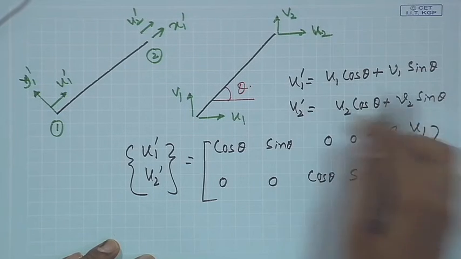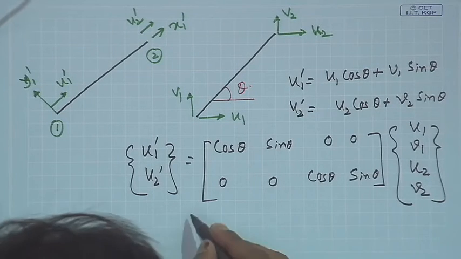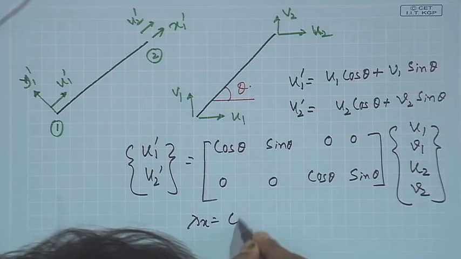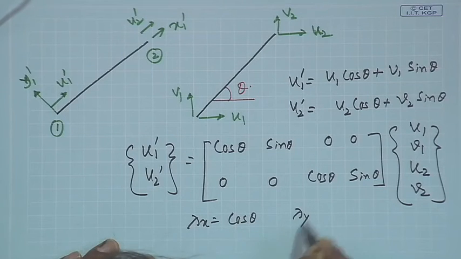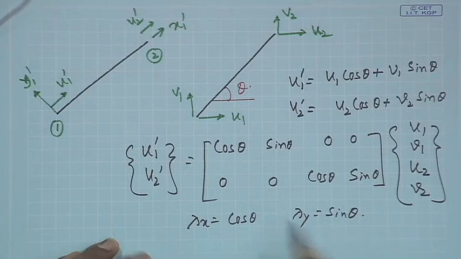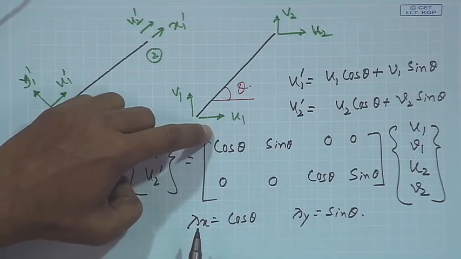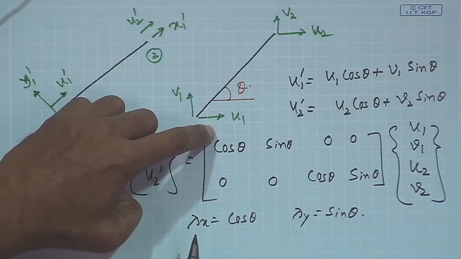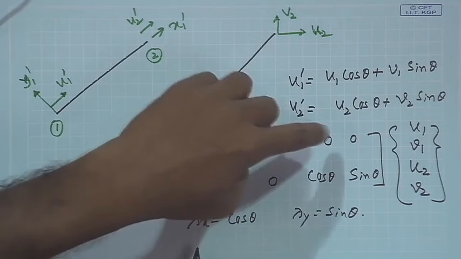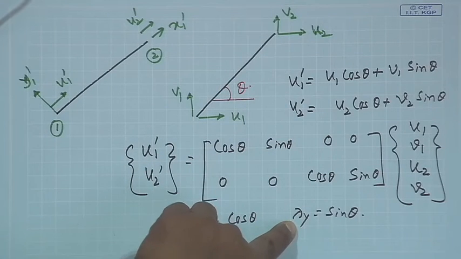Suppose lambda x is cos theta and lambda y is sin theta. Next time onwards, instead of cos theta we will write lambda x, and instead of sin theta we will write lambda y.